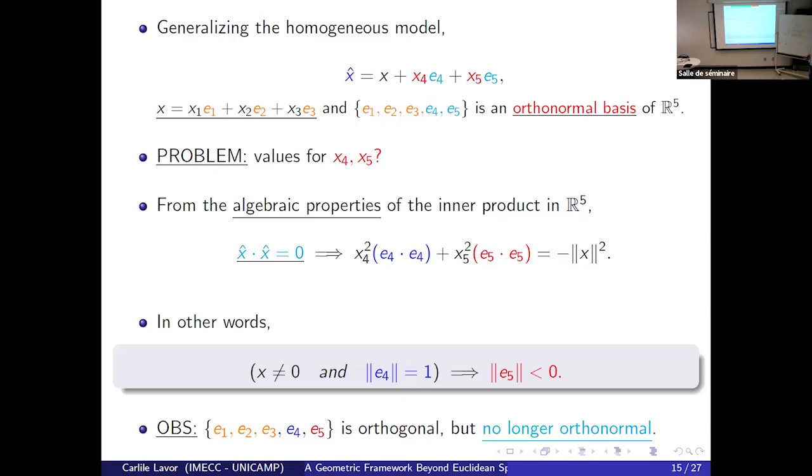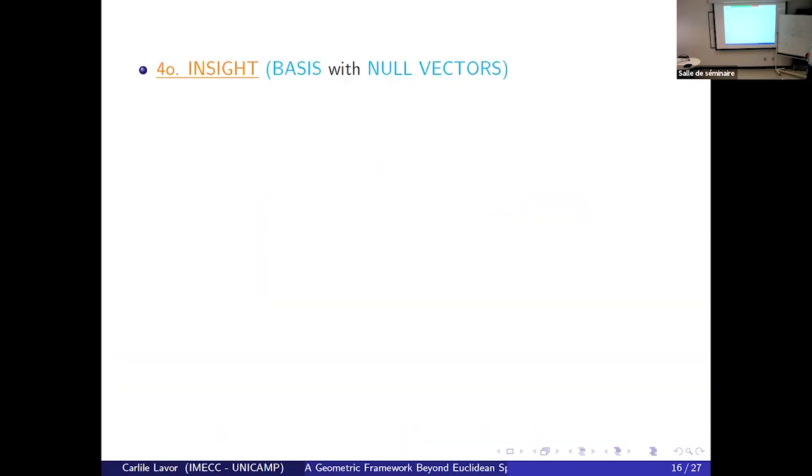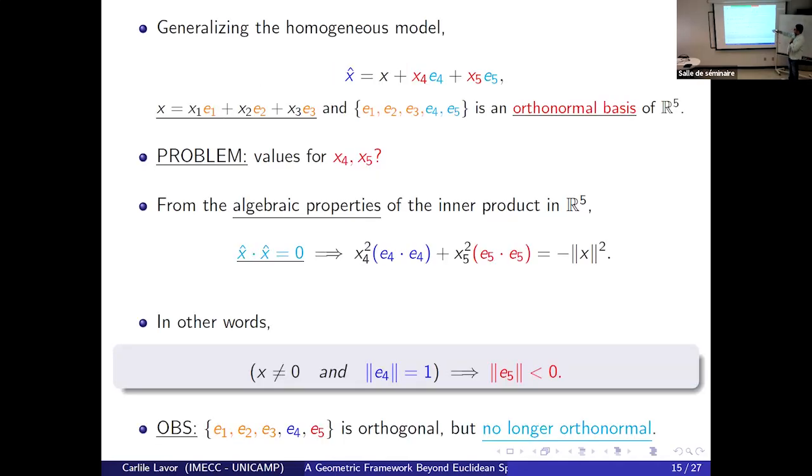Okay, let's see what's happening. Now I will change the basis. I'm using this basis, and this has norm equal to 1, and this has norm equal to -1. So these two vectors do not represent points in the 3D space. Why? Because we already know that if we have points in R5 that represent the 3D space, they must have 0 norm, right?